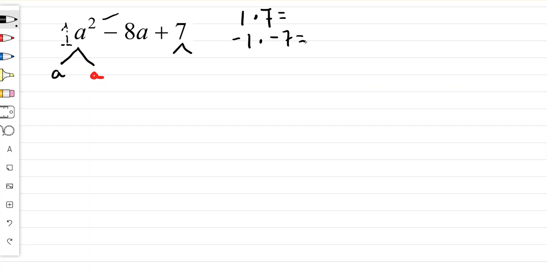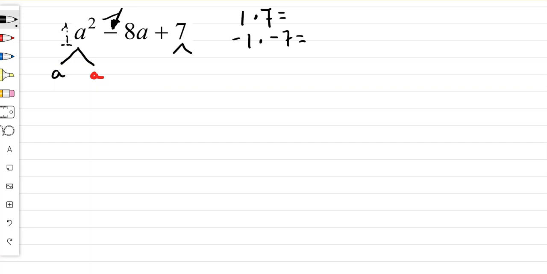So what we do now is we look right here at this sign, and we notice that it's a negative 8. So what two numbers can I multiply to give me a positive 7 that when I combine give me a negative 8?